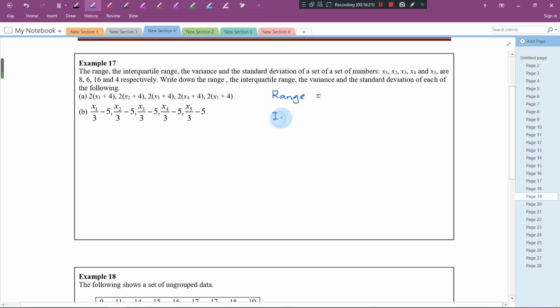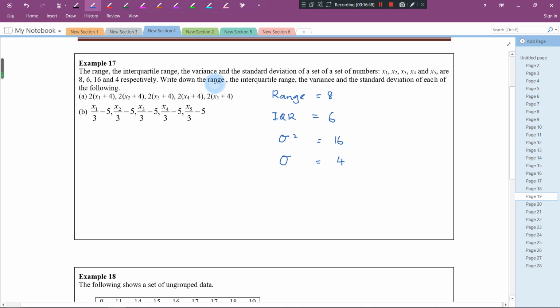Range, interquartile range, IQR, and then we have variance, square. So for variance, you need to square it. If you use this symbol, you have to put square. And the last one is standard deviation. Range is 8, interquartile range is 6, variance is 16. The last one is always the square root of this, so we get 4.